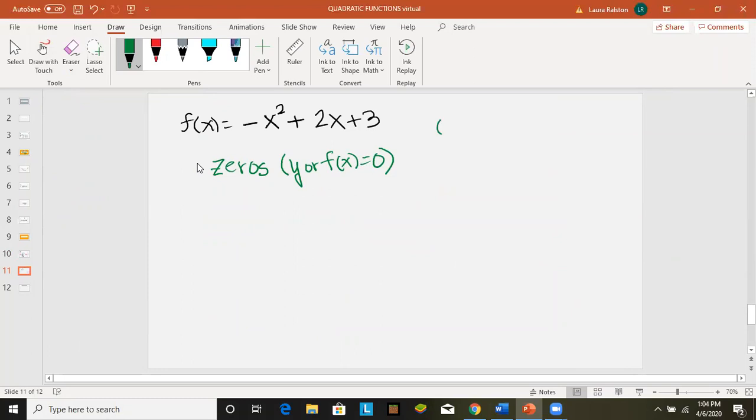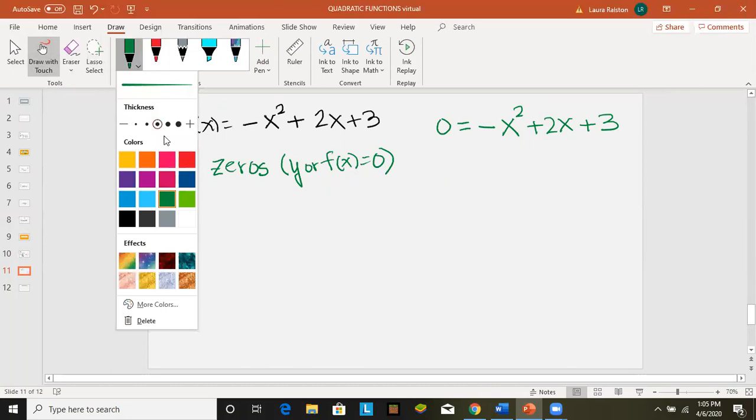So I have 0 equals the opposite of x squared plus 2x plus 3. Now, if you prefer, you can factor. But I know what a struggle a lot of you had with factoring. So I'm going to work through this problem using the quadratic formula.